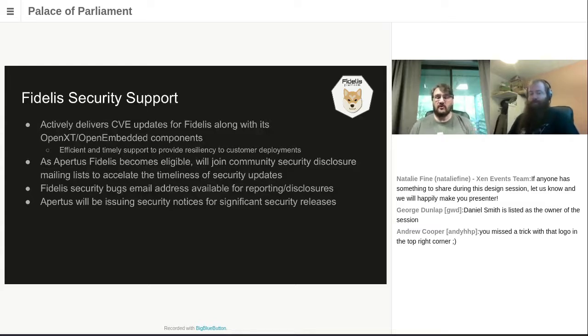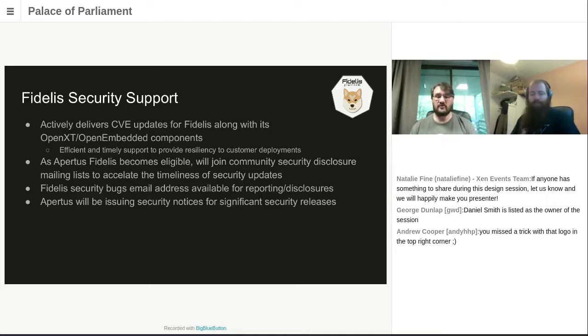Security support. As I said, we're going to be delivering CVE updates for Fidelis, along with its OpenXT and Open Embedded components. So we will provide timely resiliency to our customers. Joining a lot of the security mailing lists, some of them have more requirements than others.